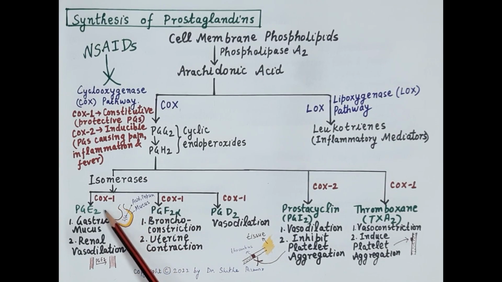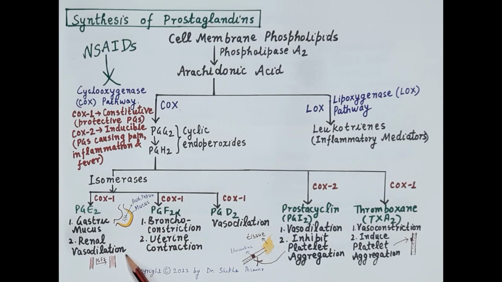So, this prostaglandin E2, by producing the mucus, protects the wall of the stomach as well as the wall of the duodenum. Now, blockage of COX-1 reduces the synthesis of prostaglandin E2, the levels of prostaglandin E2 fall, and that can produce the risk of peptic ulcer.